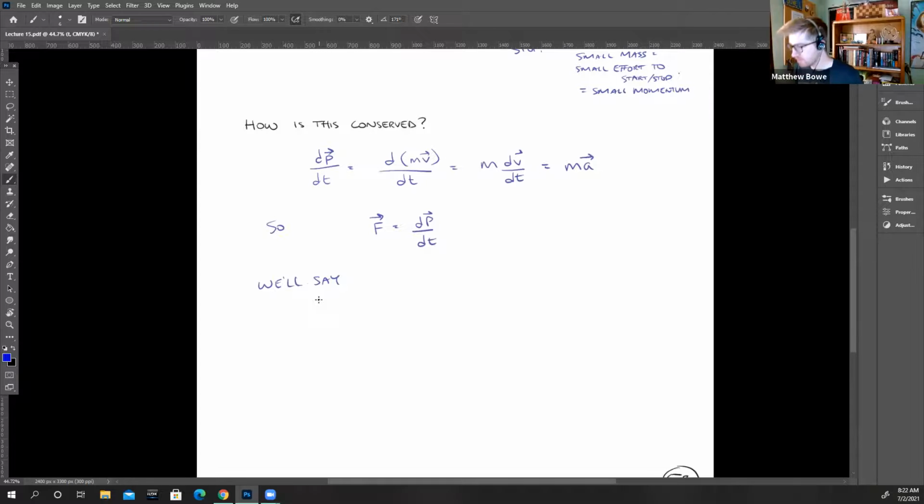If there's no external force acting on our system, so for all of our physics problems out in the real world, we're going to pick out what we want and focus in on that, and call that our system. We consider everything within the system, and then look at its surroundings.